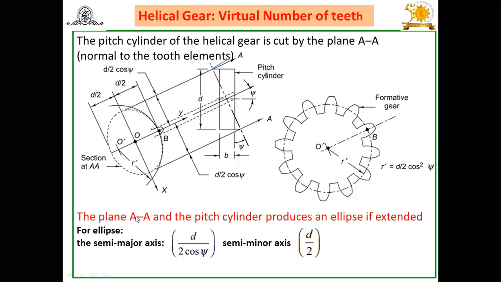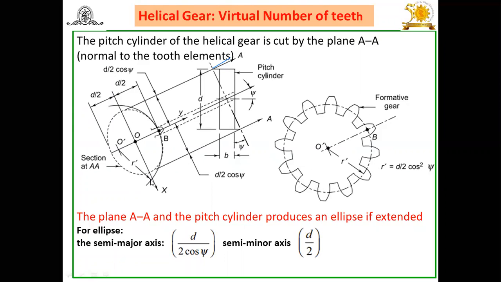Therefore, here I have written, if the plane A and the cylinder produce an ellipse, the semi-major axis is d upon 2 cos psi, and semi-minor axis is d by 2. Then, very important, analytically it can be proved here. Look at this. Here this gear is drawn, with centers O and O dash and radius of curvature R dash.